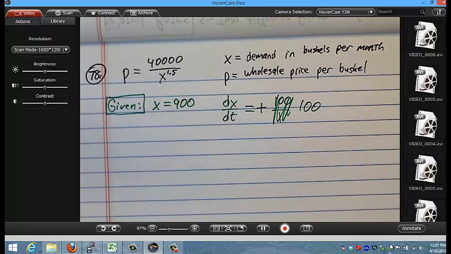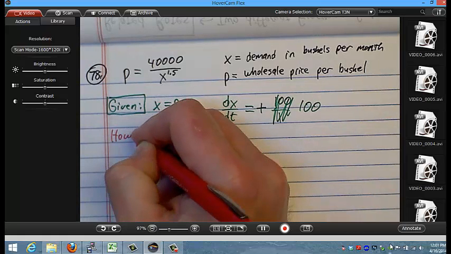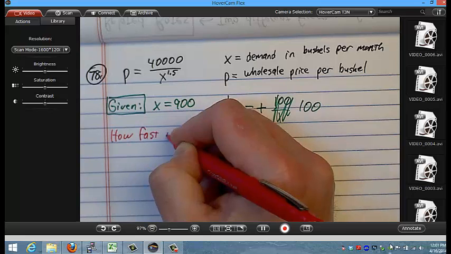You know what I wasn't given? I wasn't given a price, right? Can we compute the price? We're going to need that. You'll see in a minute, actually. Well, actually, maybe not. So anyways, the question says, how fast is the price changing?